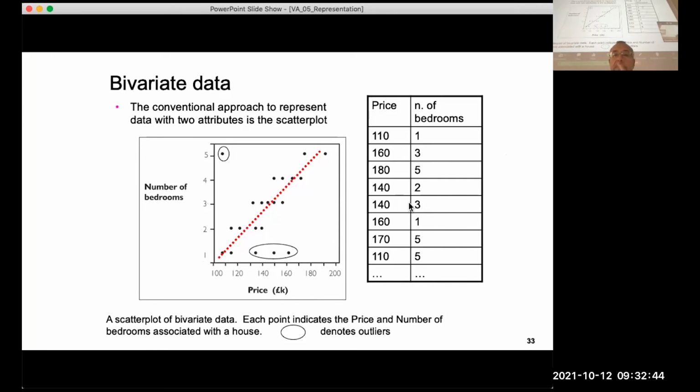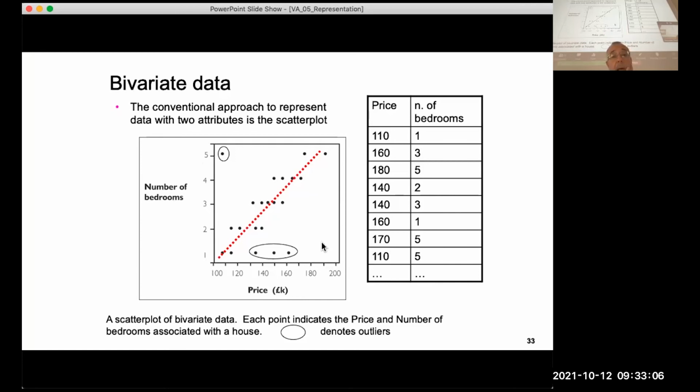Here we have the dataset in numerical form with the relation among these two attributes. And you can easily see a sort of line here. There is a correlation. The higher the price, the higher the number of bedrooms.